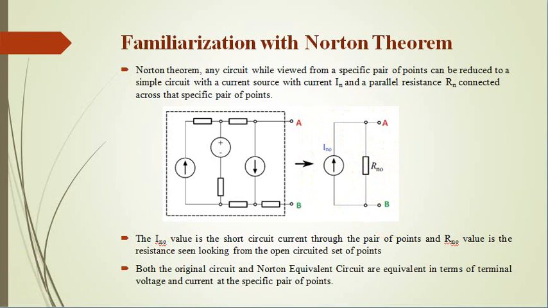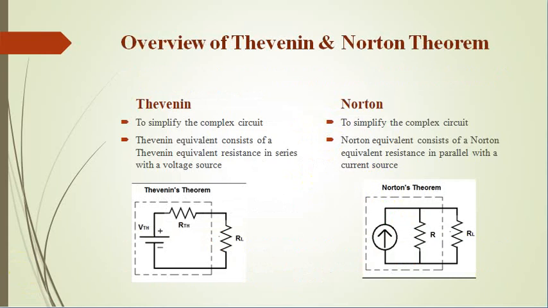So let's have a look at both the Thevenin and Norton equivalent circuits. Here is the Thevenin circuit. The purpose of both circuits is the same, but the configuration of the two circuits is different. Here is a brief comparison and difference of both theorems.